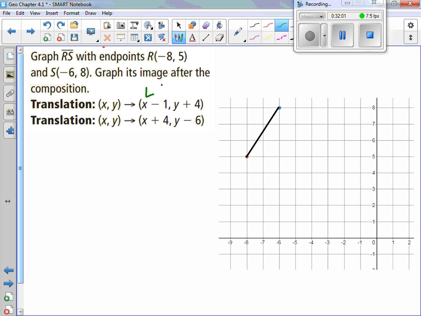Well, this would be left 1 and up 4, because the negative 1 tells me it's moving to the left, and the plus 4 with y is moving up 4. So at this point here, we'd move left 1 and up 1, 2, 3, 4. And the other one is going to move left 1 and up 1, 2, 3, 4.